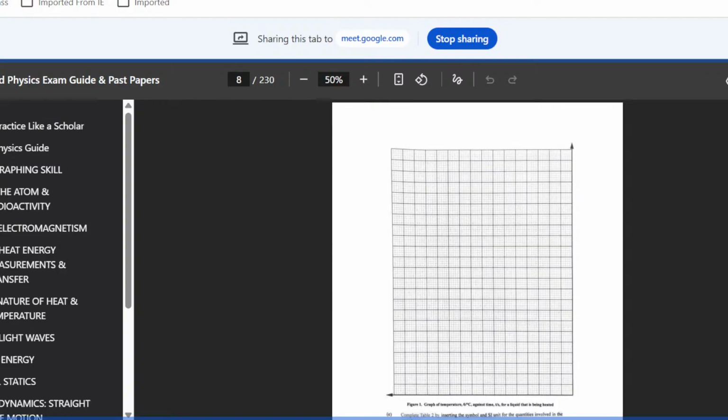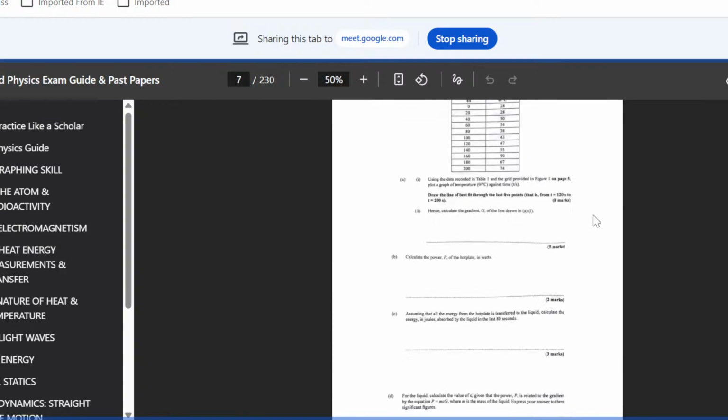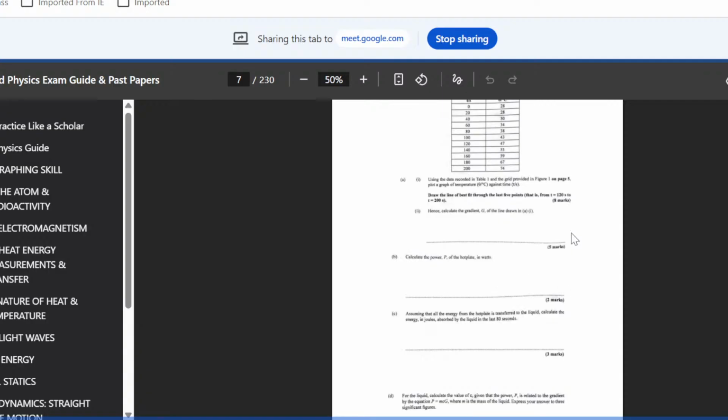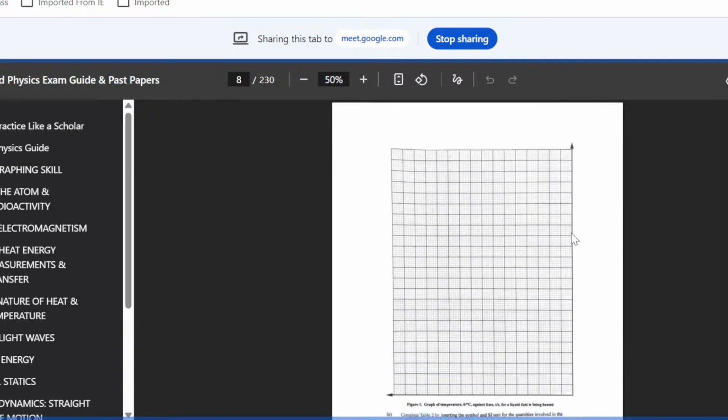When you look at the marks for a graphing question, it tends to be a lot of marks. As you can see here, it's very small, but it is 8 marks just to plot the graph. If you look at a similar graphing question in chemistry, it's probably 4 or sometimes even 3 marks to do a graph. So the emphasis is different.